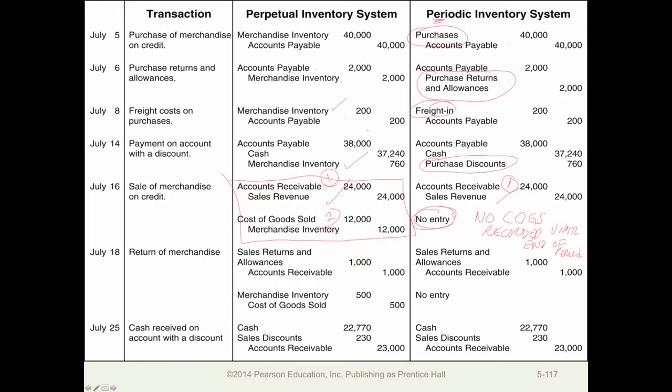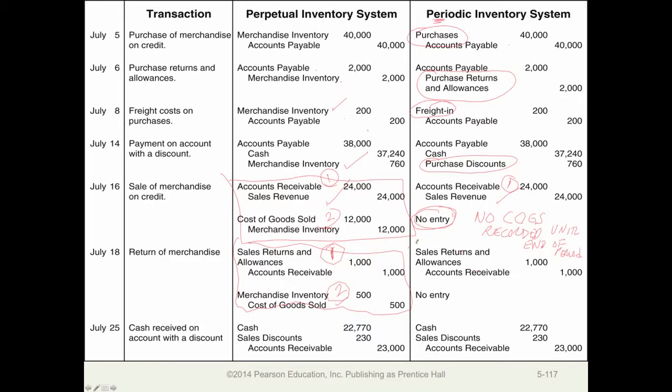Then, when you return merchandise, once again, it looks the same. You debit sales returns and allowances, and credit receivable, except that under a perpetual system, you've got two entries. One, record the sales return and the receivable reduction. The second one is to restock the inventory and reduce the cost of goods sold.